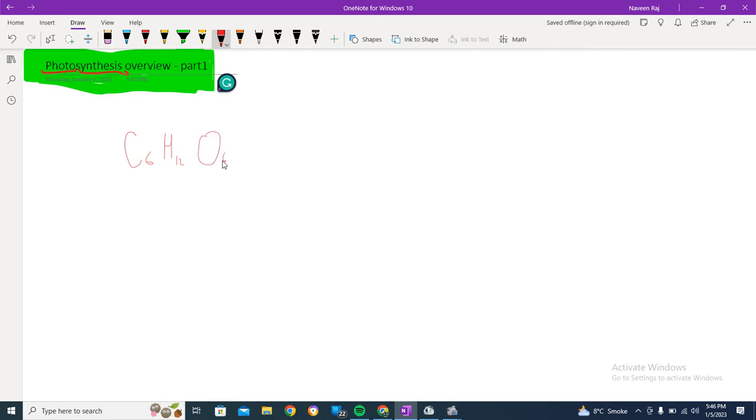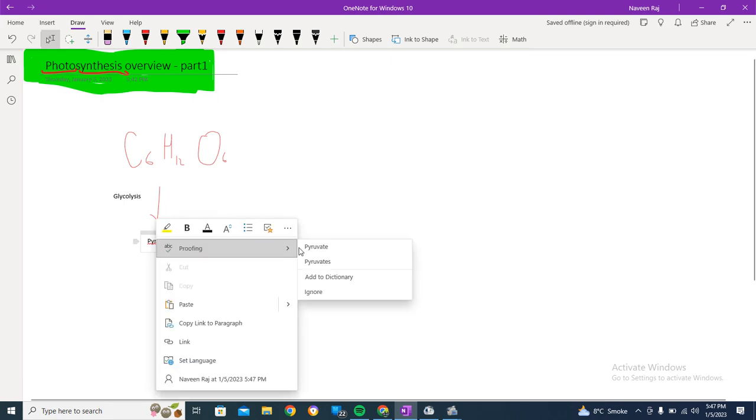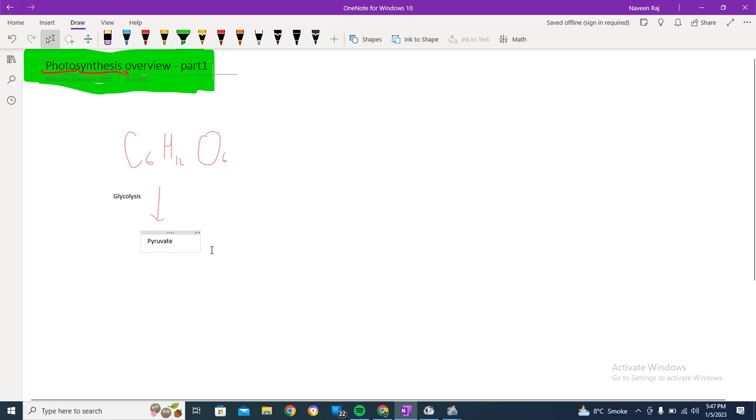We eat this, and after this, under glycolysis, it would get converted into pyruvate. Pyruvate. Okay, so this is the thing.